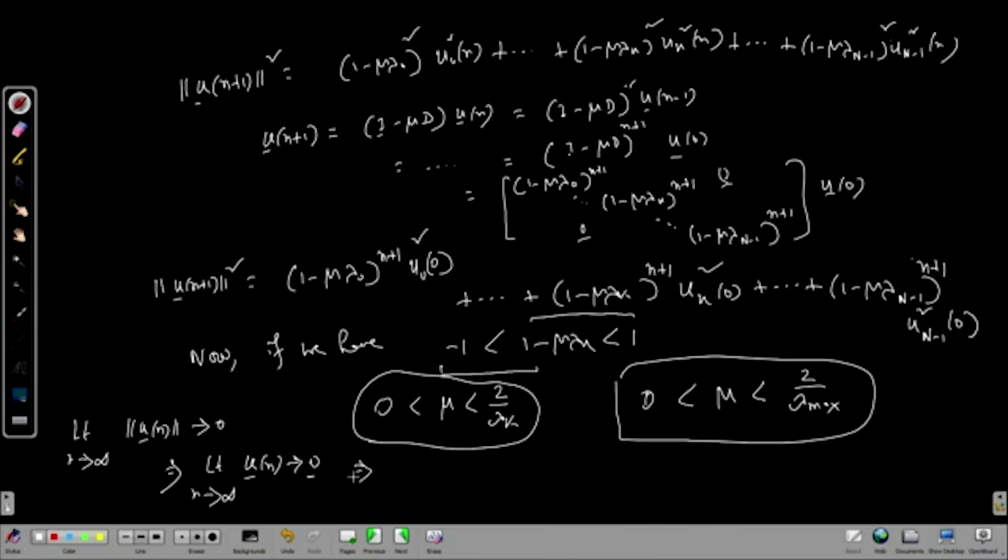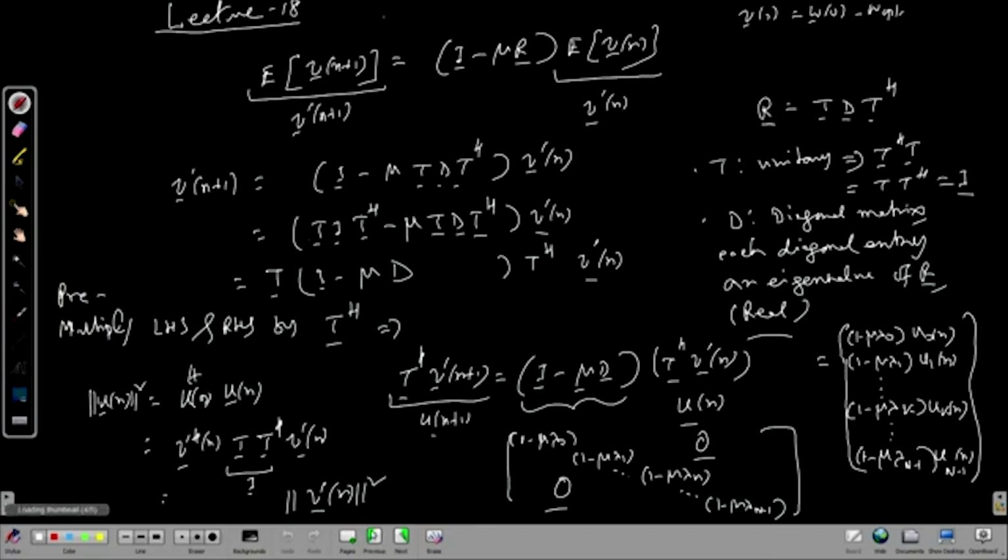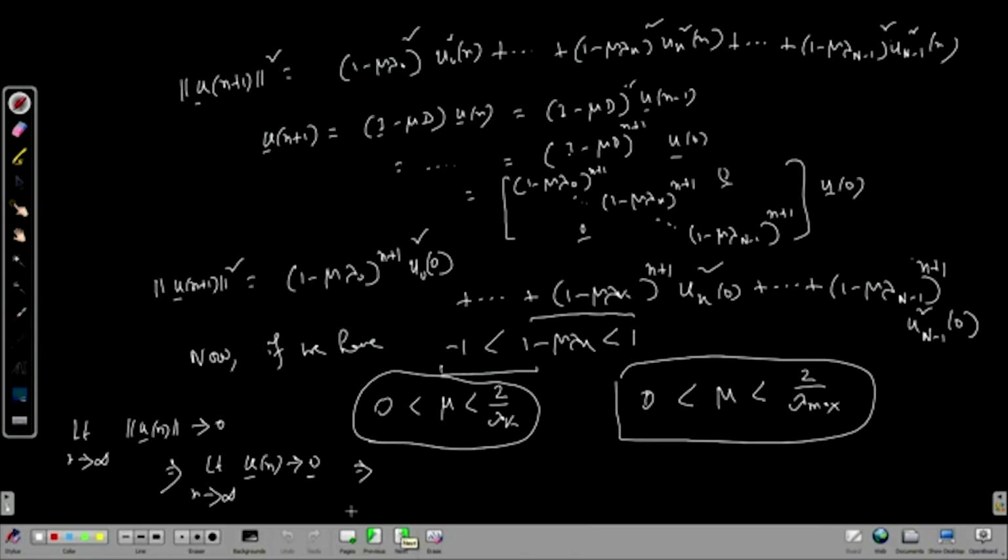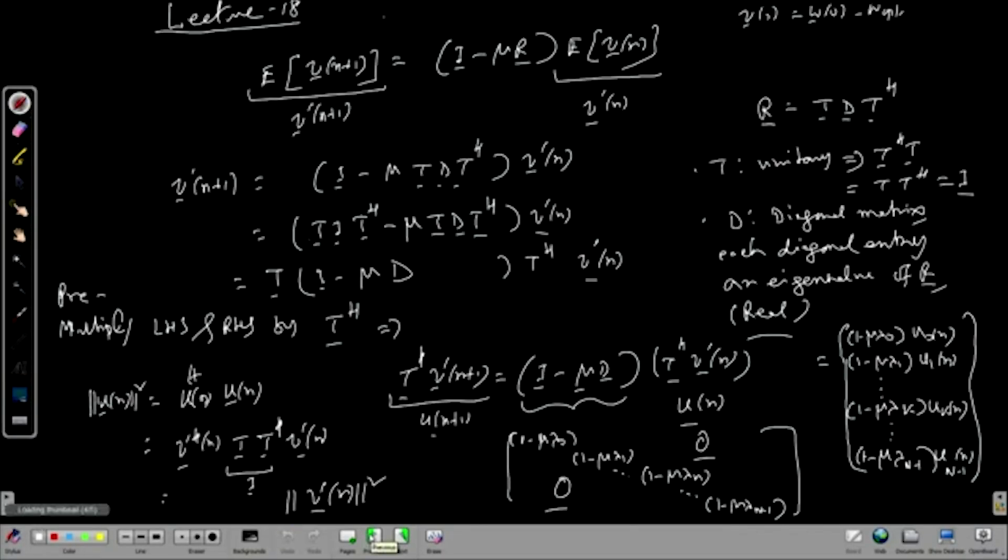But what was u n? From the previous page we can see what u n was. U n is T h v prime n. So u n and v prime n have the same norm. You see here, u n and v prime n have the same norm.